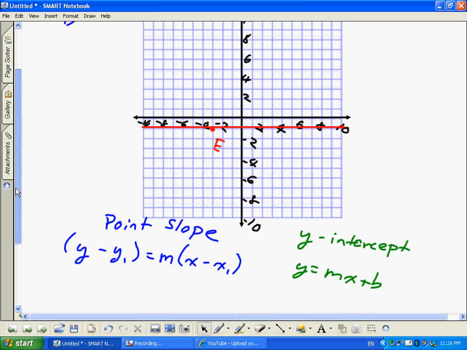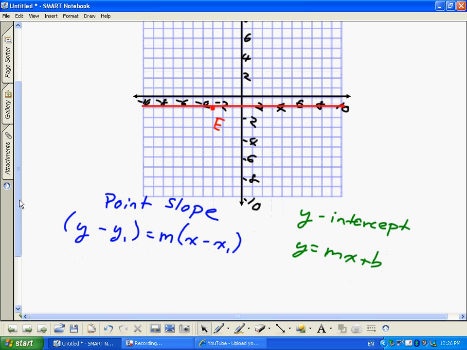So let's take a look at this horizontal line. Does anyone know what the slope of a horizontal line will be? 0. So our line slope will be 0. So that means the m in both of these equations is going to be 0. So we're going to plug that number in. We're also going to have a point.